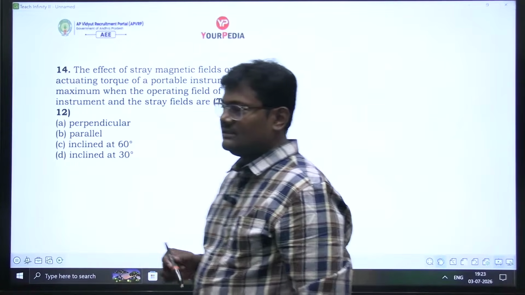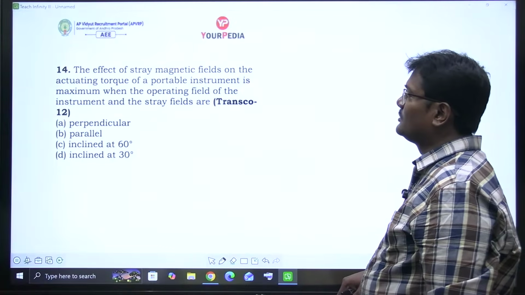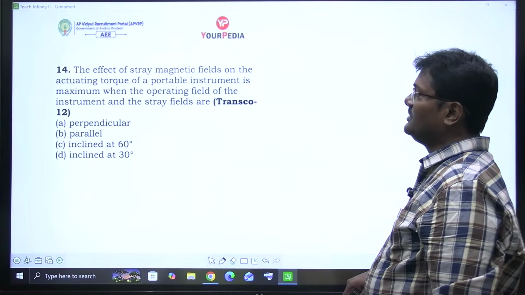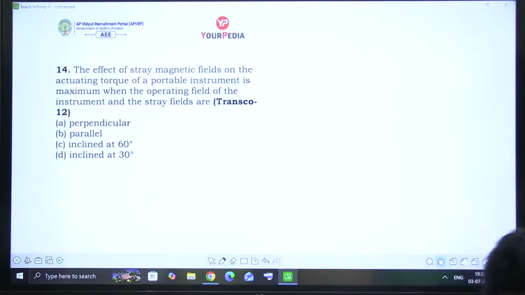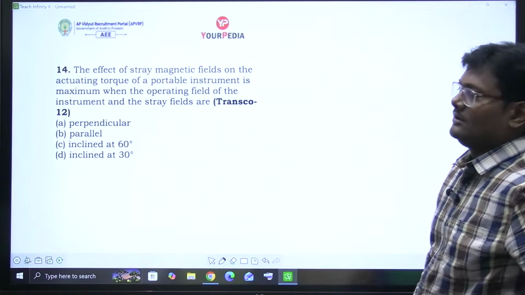Now, it's very important. The effect of stray magnetic fields on the actuating torque of portable instruments is maximum when the operating field of the instrument and the stray fields both are... So tell me, which is parallel?